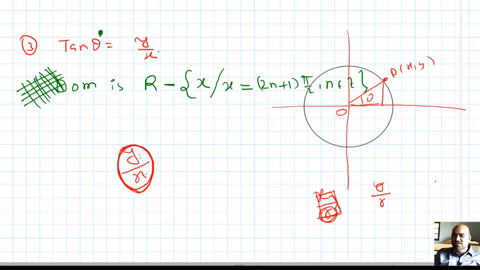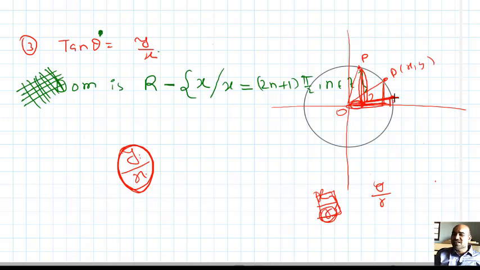For this angle, your x is this, your y is this. Looking like this, x is greater than y. For example, your P is here now. Draw a perpendicular. So this is your x and this is your y. What happened? Your y is greater than x. For example, P is here. Draw a perpendicular on the x axis. This is x, this is y.